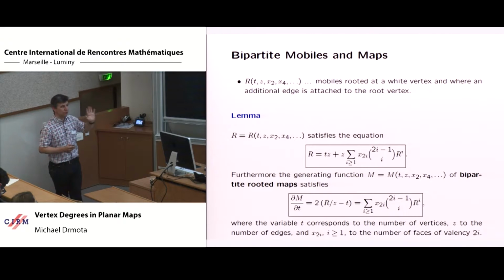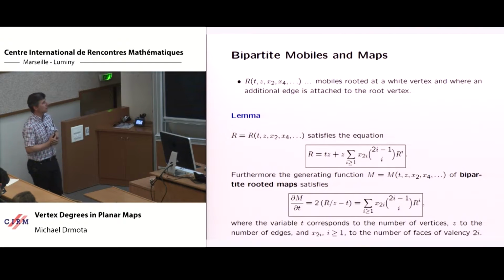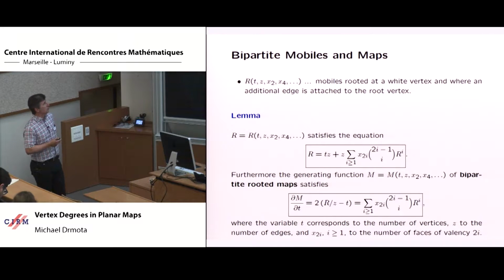So this is not new. This is just a recollection of things. And also, this counting lemma is not new, it is very well known in this field. So now I want to count things.